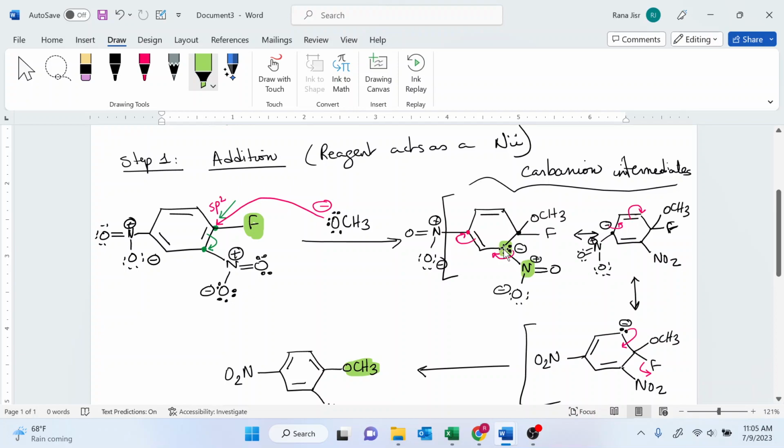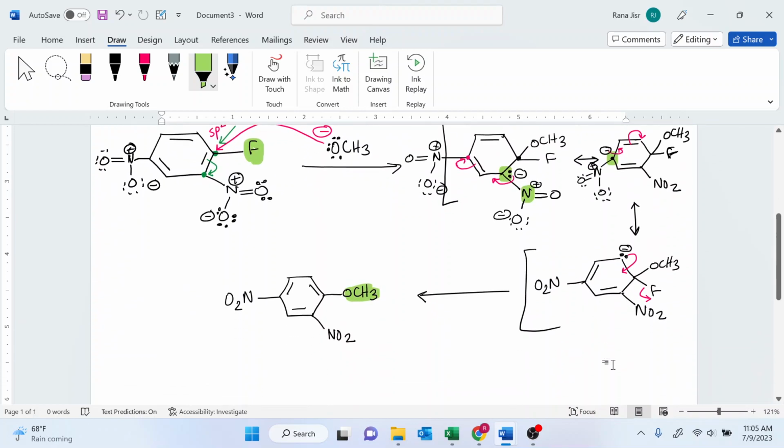And the negative charge is directly connected to the NO2 when it is on the ortho position and when it is on the para position. There is no negative charge on the meta position throughout the whole resonance to stabilize the structures in there. This is why NO2 is not supposed to be on the meta with addition elimination.